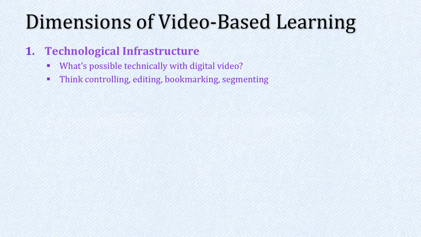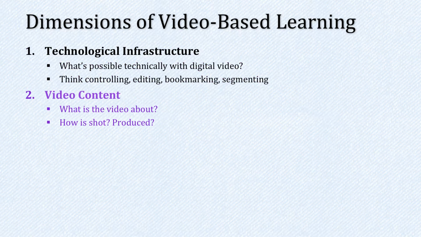The ability to control the video, jump ahead, loop a portion of the video, bookmark it, and segment it are all more or less mainstream functionality that we have access to today. But this has been a long time coming, and these are all examples of the technological infrastructure surrounding video.